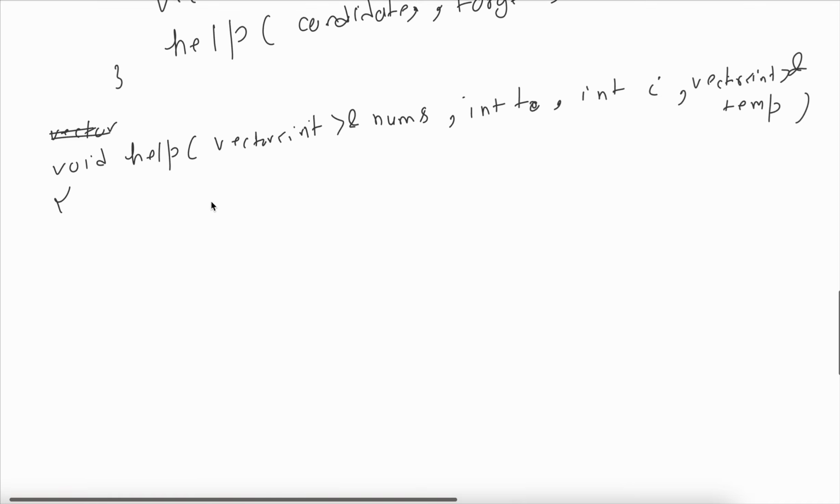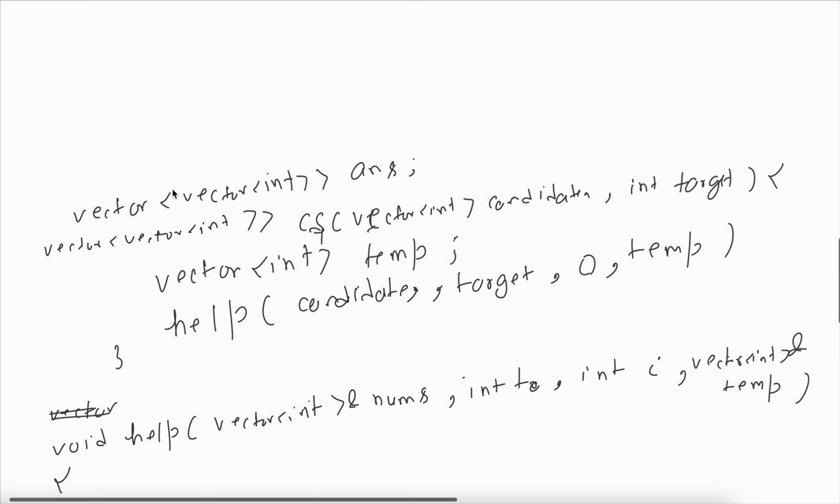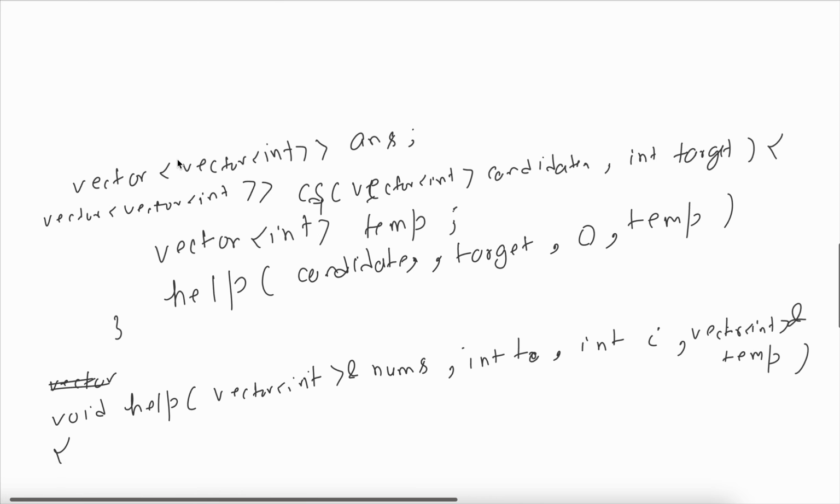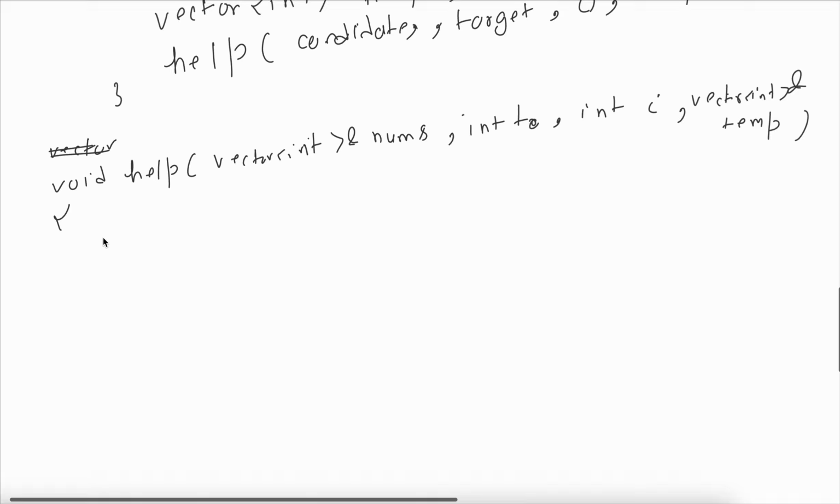So let's say our function is starting from here. Should I write the base case again here? I will write it in one go. If current index i is greater than nums size, or t is less than 0, we need to return.